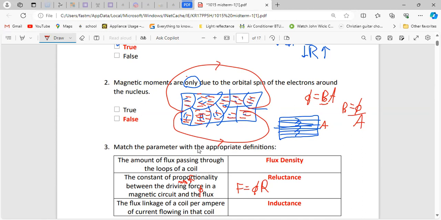So if I make R the subject of the formula, reluctance will be the constant of proportionality. If you plot a graph of F and phi and find the gradient, it will give you R.